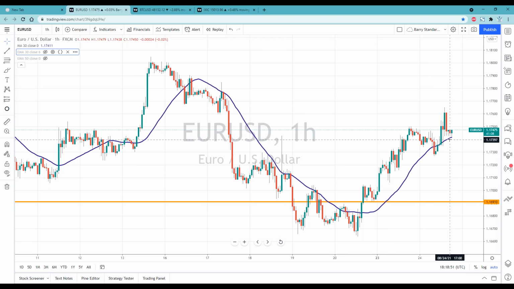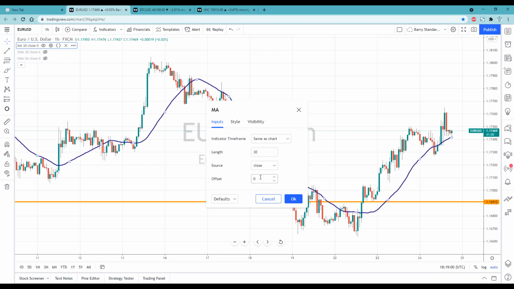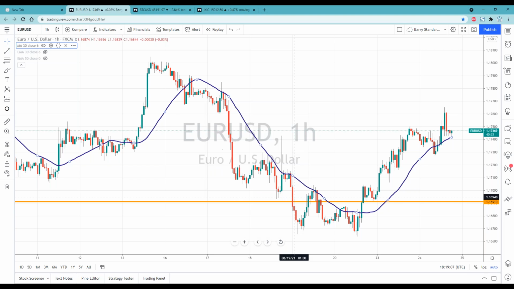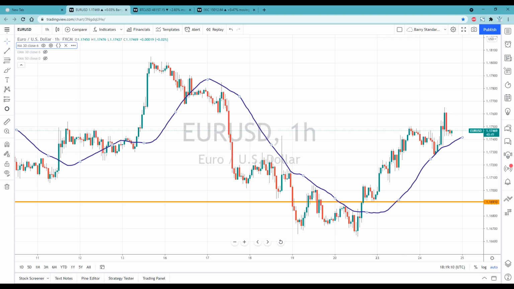And what it does, it shifts. Watch the moving average on the screen as I do this. See what happened. The moving average calculation didn't change, but the dot that was on our chart here has been shifted up 6 time frames. So it's actually moved that moving average a little bit forward.